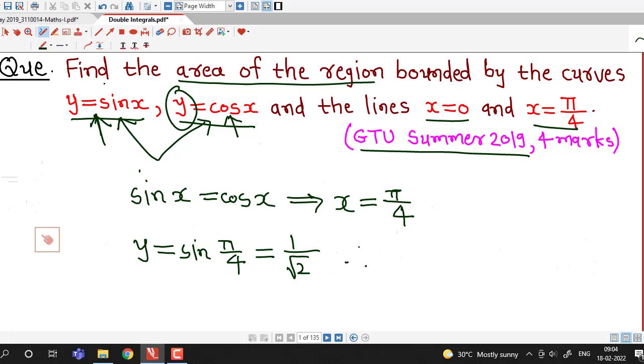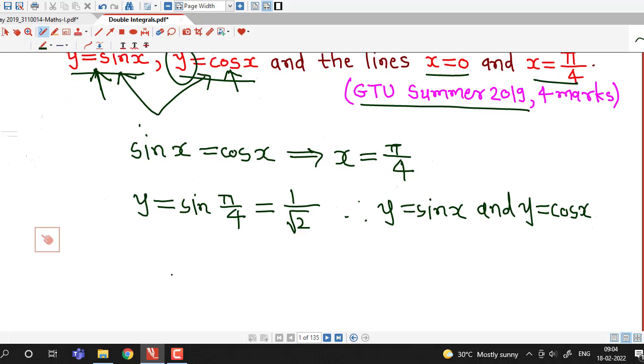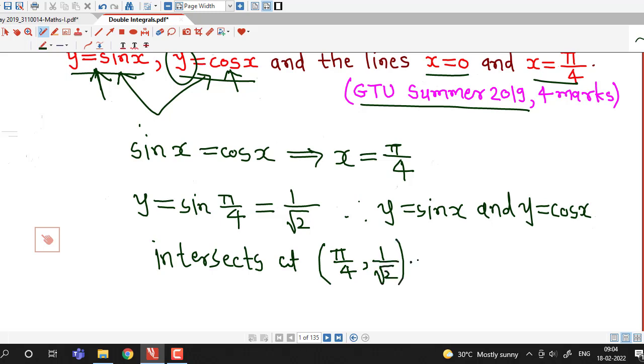That means these two curves y equal to sin x and y equal to cos x intersect at the point x equal to pi by 4, y equal to 1 divided by square root of 2.